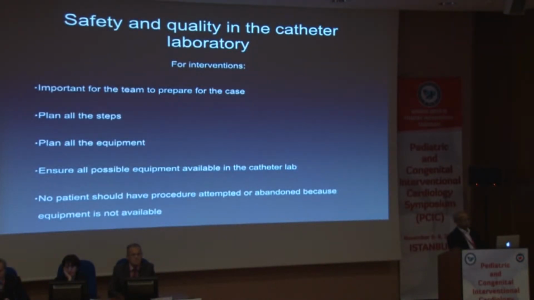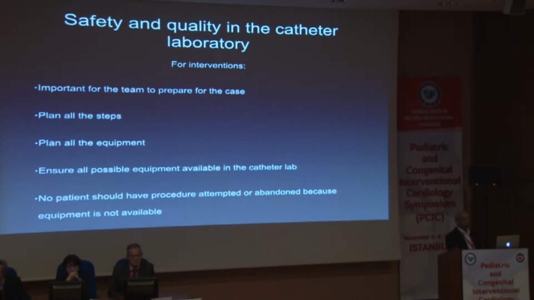Now, after that, for interventions, it's important for us to be very self-critical, because before you bring the patient in, you need to plan everything. It is important for the medical team to plan all of the stages. It's not just, this patient is going to have an ASD. It's to plan all the equipment being available in the cath lab so that you don't, halfway through a procedure, ask for some piece of equipment and it is not available.